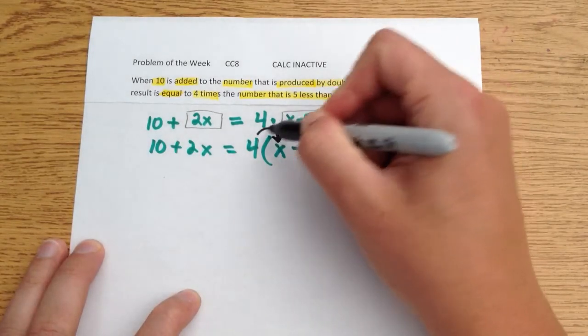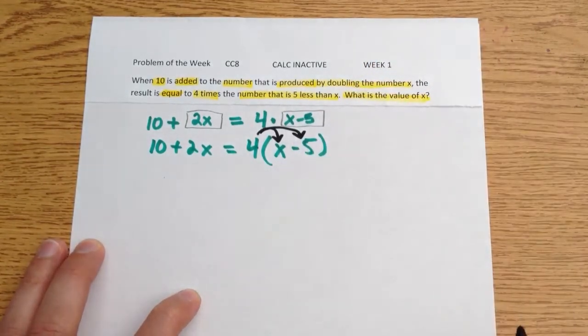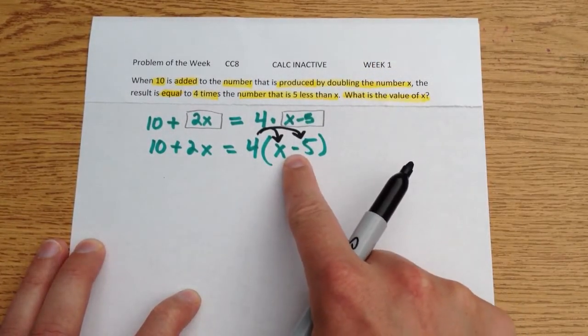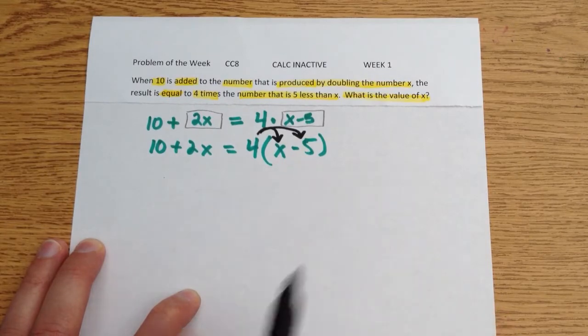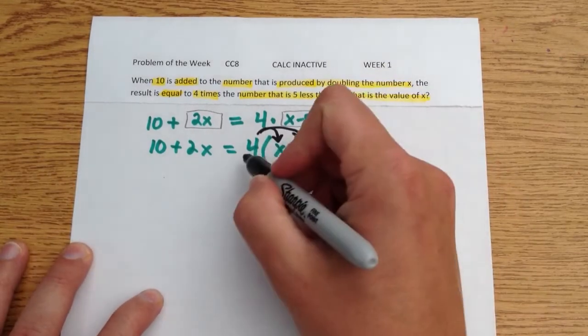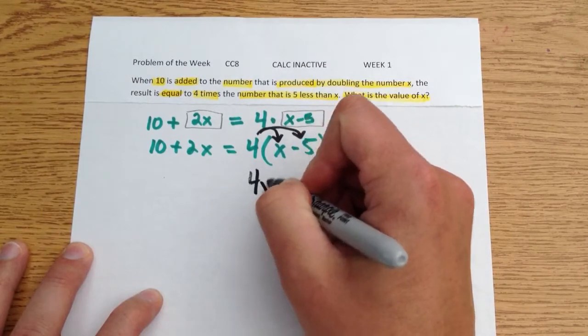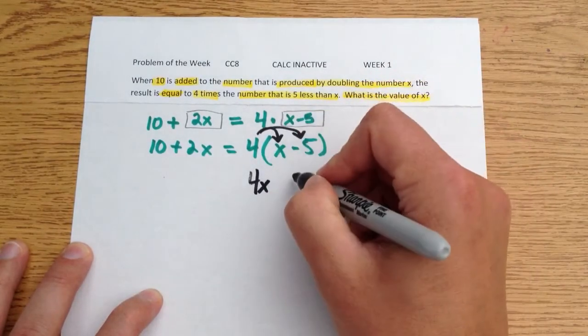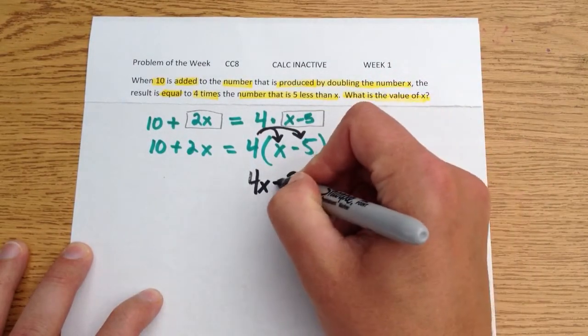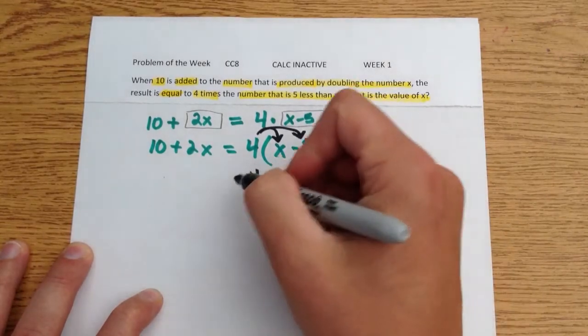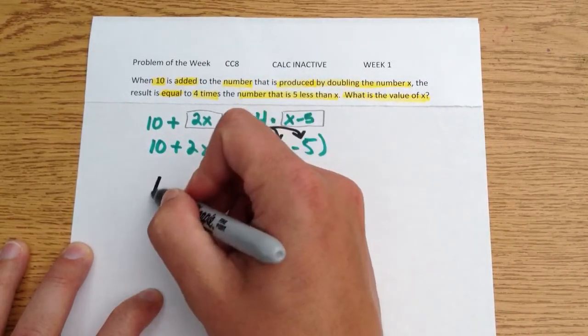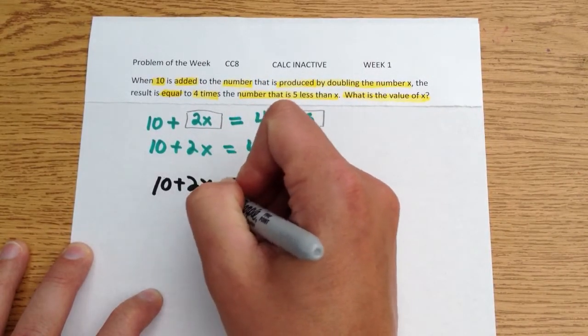So the 4 has to go to the x and the 4 has to go to the 5. Be mindful that there's a minus here, so there's also going to be a minus here when we work that out. 4 times x is 4x. 4 times 5 is 20, and I put the minus in there. Okay, and that's equal to this 10 plus 2x still.